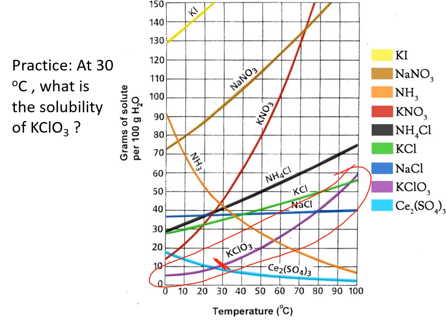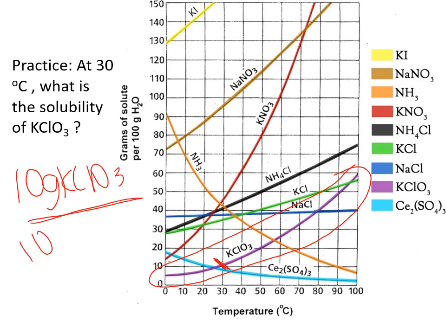So to answer this question, I would say 10 grams KClO3 per 100 grams of water. That's the solubility. It might be like 12, but 10 is a perfectly fine answer. 20 would not be correct. 10 to 12 grams could be dissolved at 30 degrees Celsius.